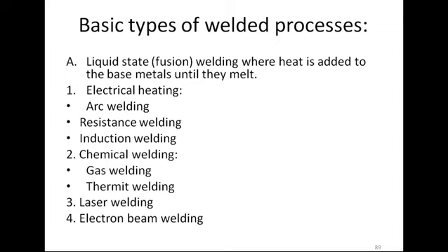Filler material is also used to fill the gap between the two parts. This liquid state fusion welding can again be divided. The first is electrical heating, which can be classified as arc welding, resistance welding and induction welding. Then the second one is chemical welding.